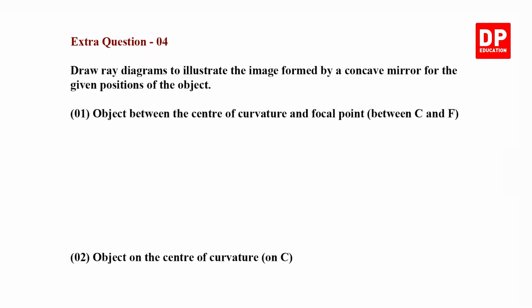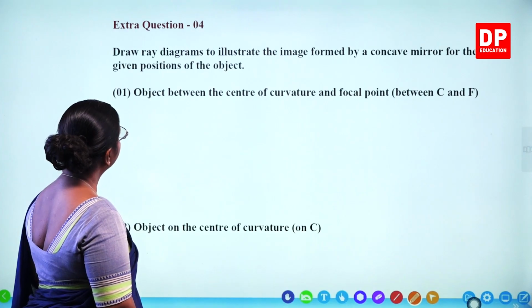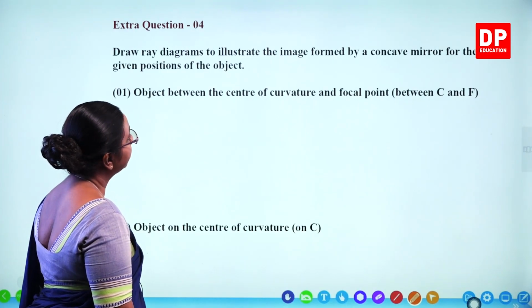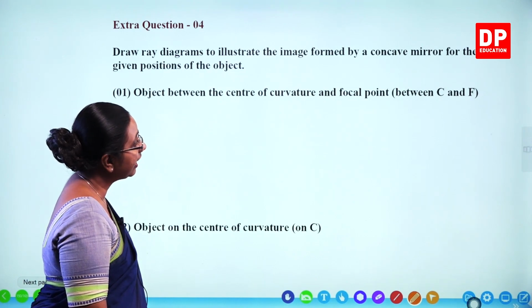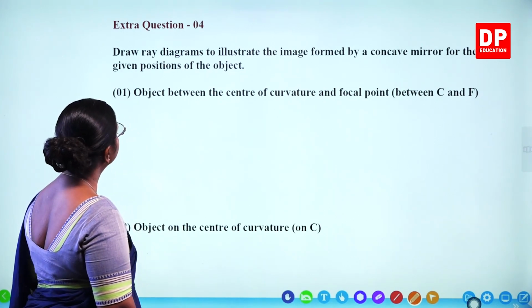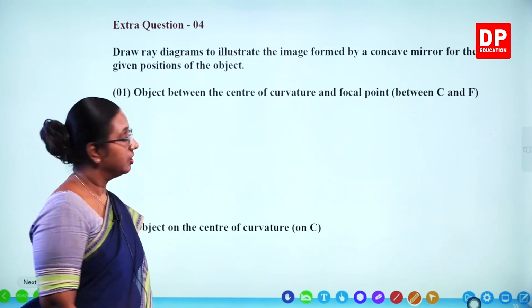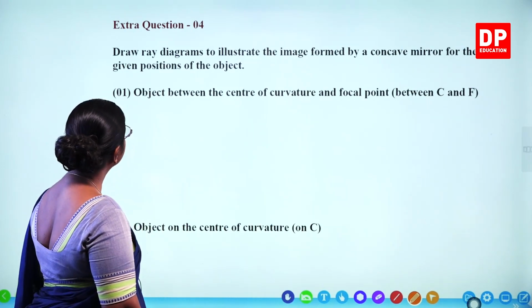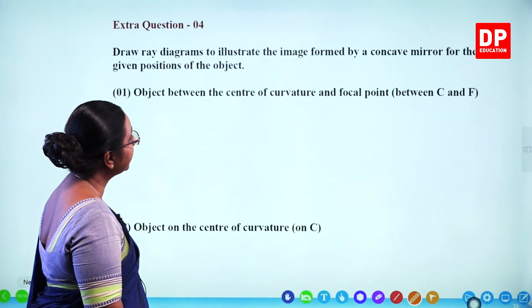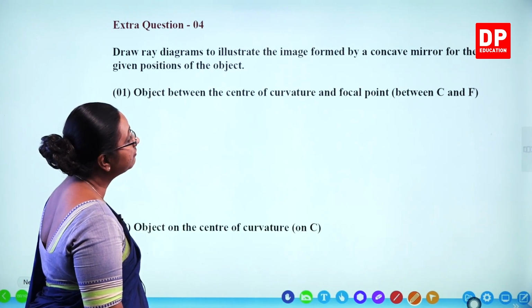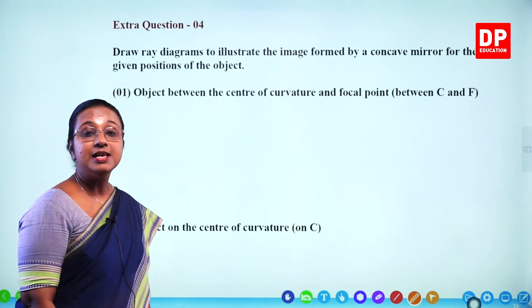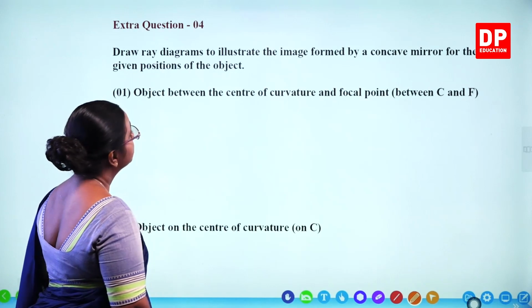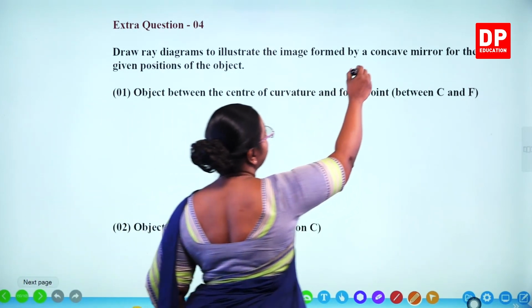Extra question 4. Draw ray diagrams to illustrate the image formed by a concave mirror for the given positions of the object. So first they have given the object between the center of curvature and focal point, that is between C and F. So this is for a concave mirror.